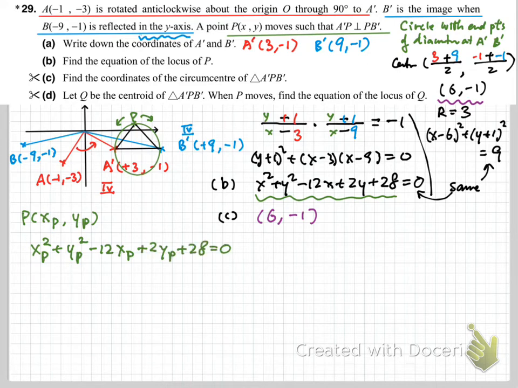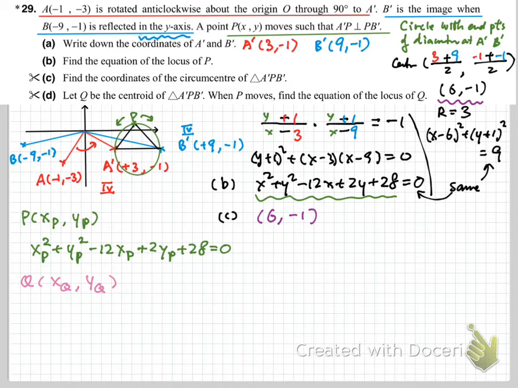No matter how P is moving, the coordinate must follow this formula. Alright, so P is moving on this circle. Furthermore, if I allow the coordinate of Q to be xq and yq, do we have some way to relate xq, yq to xp, yp given it is the centroid?